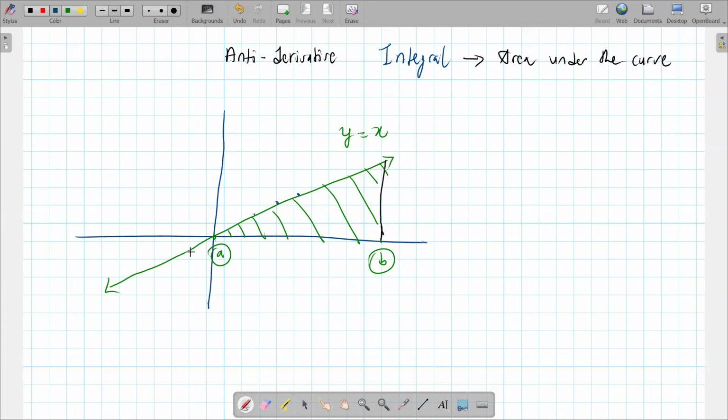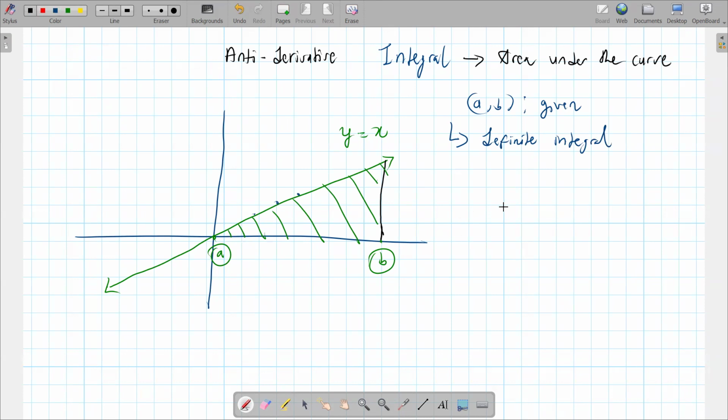Now, sometimes they will give you these points. Sometimes A and B will be given. If A and B are given, then this is called a definite integral. You can calculate the exact area because you can turn it into triangles.